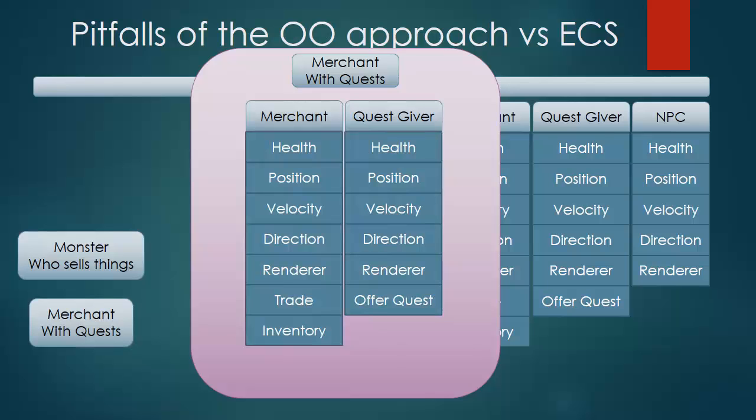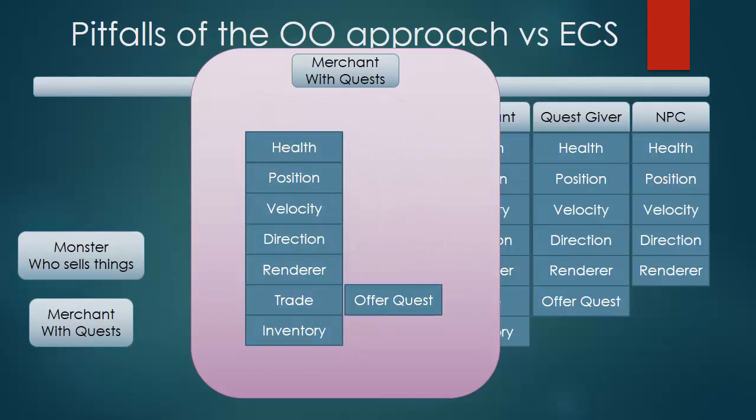So all of these are just simply things that are tacked onto it that create what the object does. So all we have to do is our template system goes, and we've got right now health, position, velocity, direction, render. So how do we resolve that, right? It's really simple. We can only have one of each on the object, so we just eliminate the duplicates, and it's not a problem anymore.